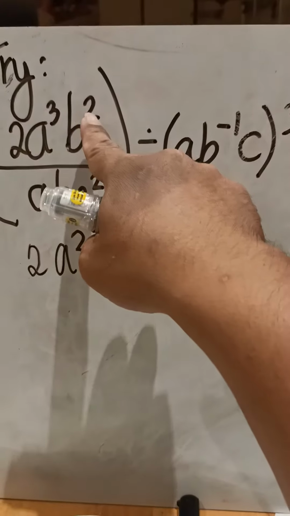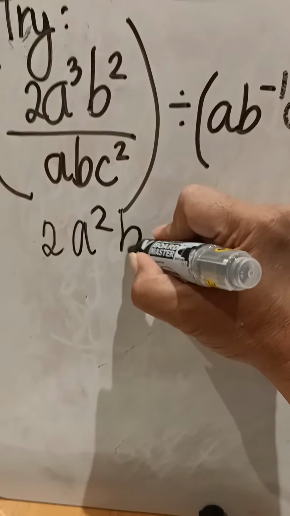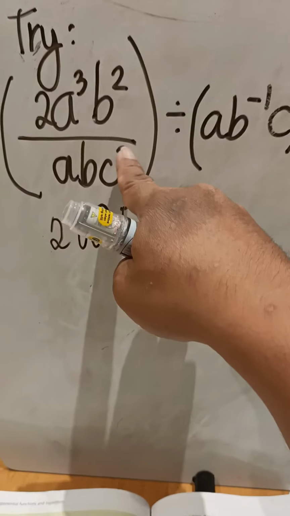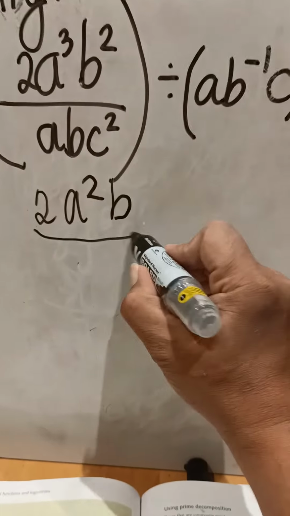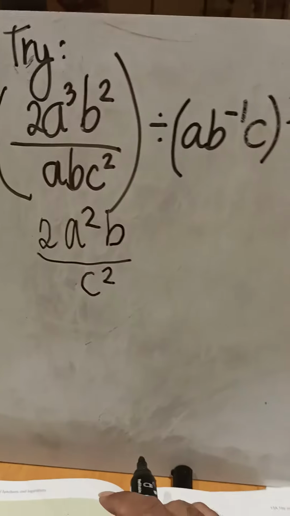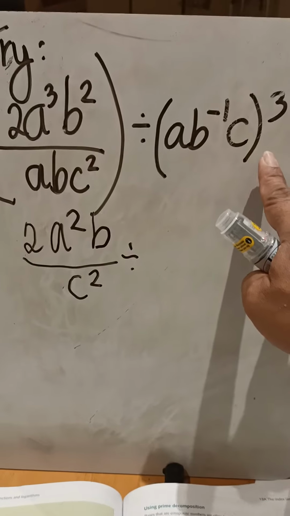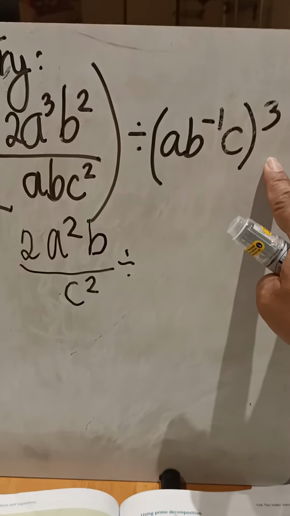B to the power of 2 minus 1 will be b to the power 1 or b. And then c is alone, so you have c squared. No need to put that c squared on top. Divide that by, okay, this is fourth law.